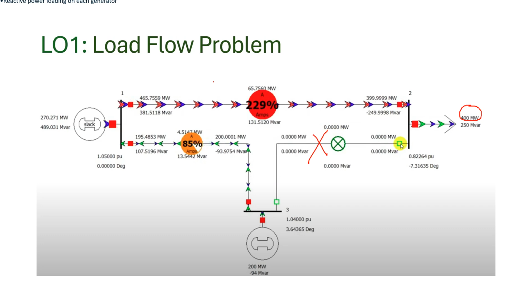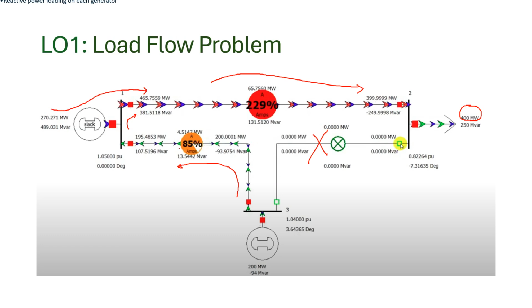So here you can see the entire 400 megawatt power comes this way. From here 200 megawatt goes to this, and this 200 megawatt is added with 270 megawatt, so this power flows in this way.